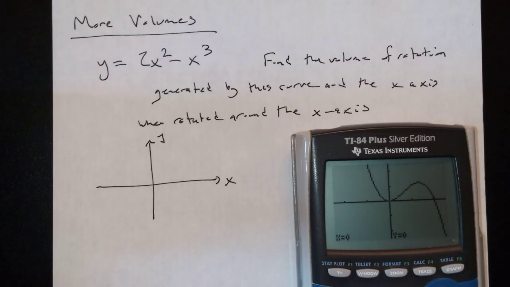So the region in question for our volume of revolution is this region here, which intersects the x-axis at 0 and 2.